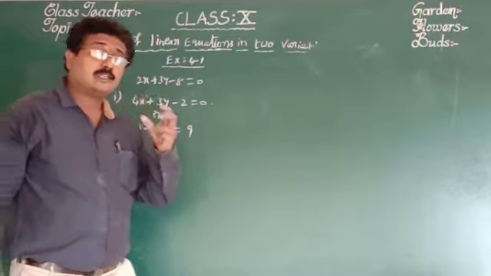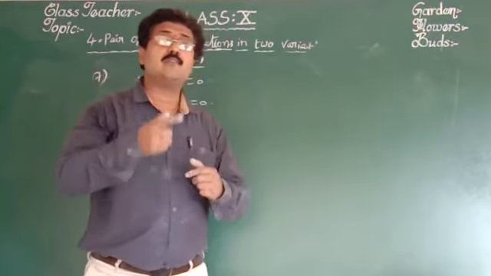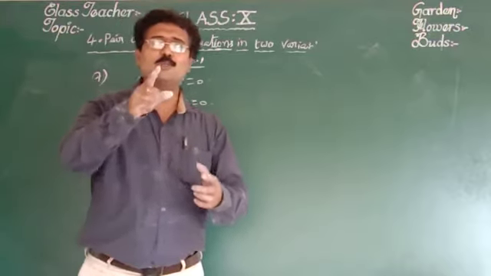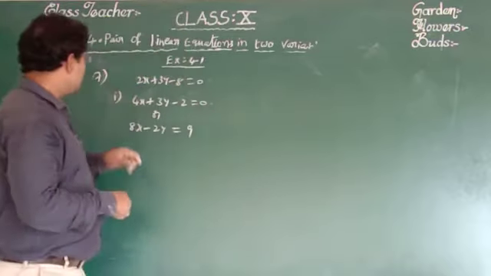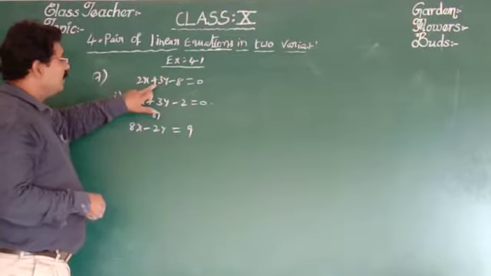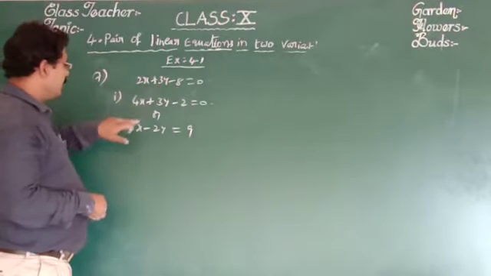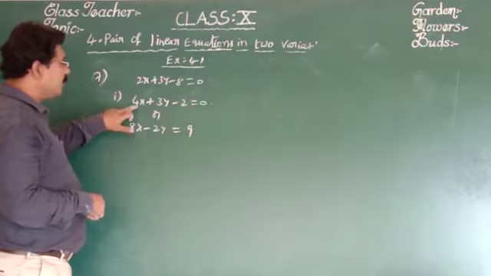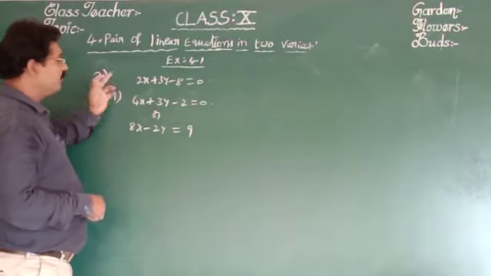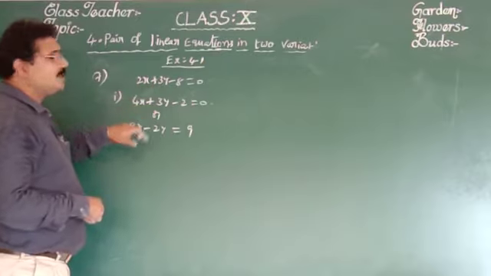Whatever it may be. See what is in your mind. What is meant by intersecting lines? Intersecting lines means a1 by a2 is not equal to b1 by b2. Then only those two equations are intersecting lines. So here a1 is 2, b1 is 3, and c1 is minus 8. Here a2 is 4, b2 is 3. What is a1 by a2? 2 by 4, 1 by 2. b1 by b2 is 3 by 3, 1.